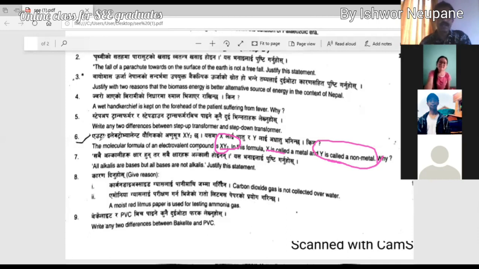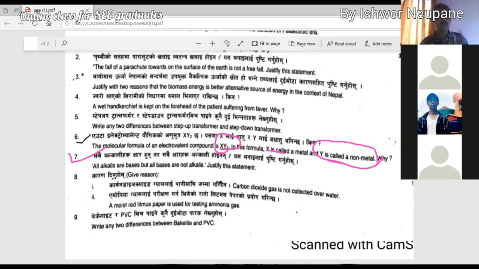Okay. Now, students, let's discuss the next question. Number 7. What does number 7 say? All alkalis are bases, but all bases are not alkalis. Why? Here we have to write one similar characteristic and one different characteristic.